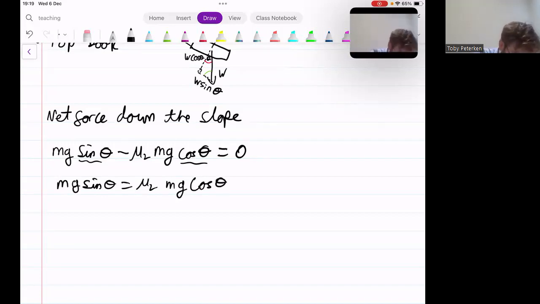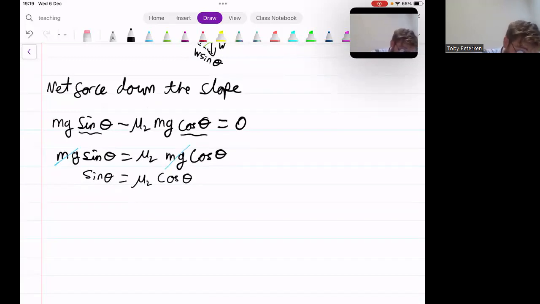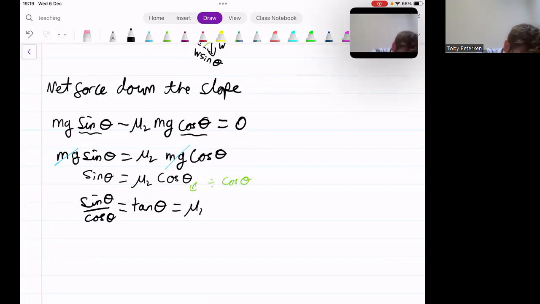Then we can cancel the mg's from both sides, so we have sine theta equals mu2 cos theta. If we now divide by cos theta, we have sine theta over cos theta, which is tan theta, and that is equal to mu2.